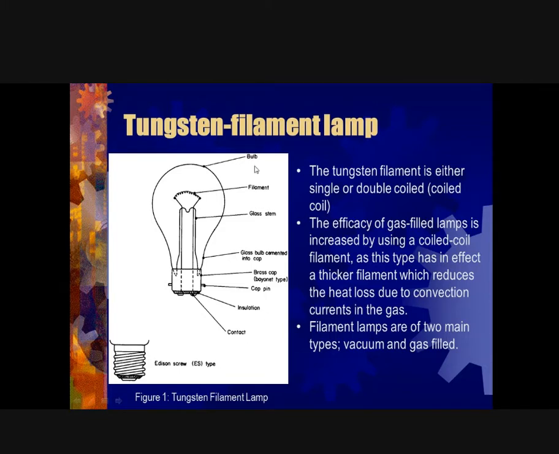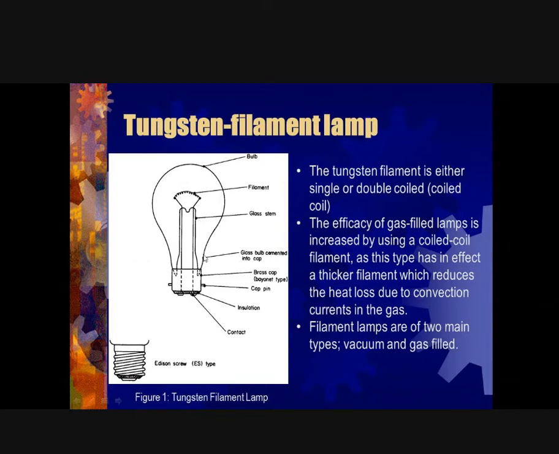Now, in terms of knowing the different parts of the lamp, you should be able to identify them. You have the bulb, which everybody is aware of, the part that will break when it falls. You have the filament, the part that the current will pass through. It will glow, and you will have the light rendering. The stem holds the filament, which is mounted on it.